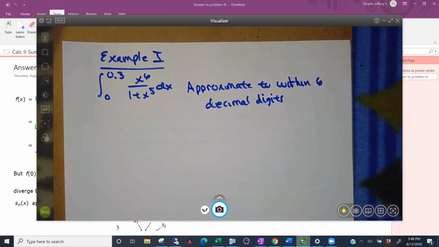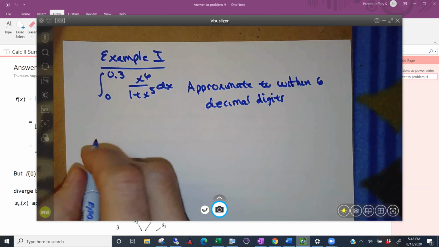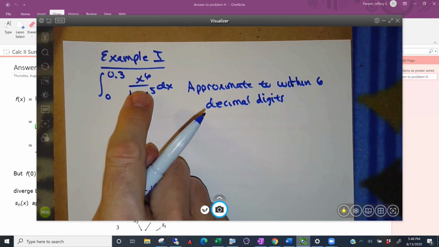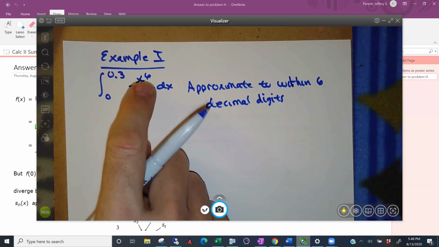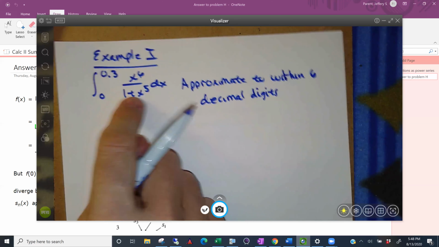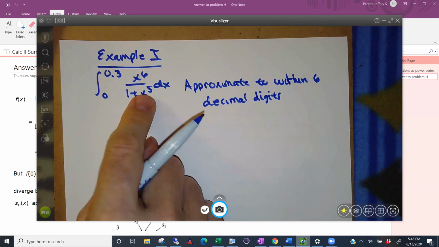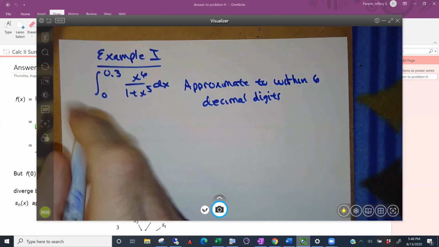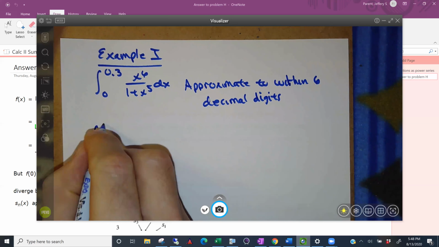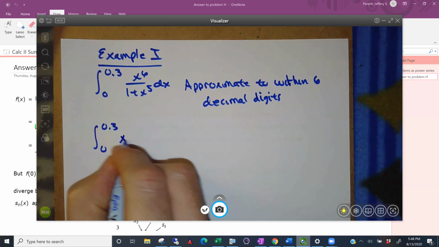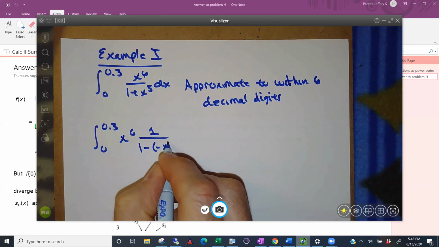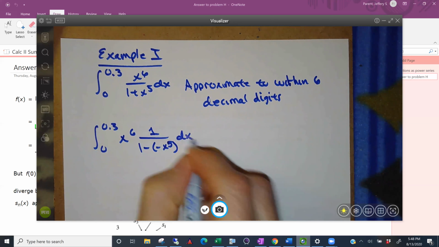And let's see how we'll do that. Well, by now I hope you're getting used to the trick. That is, we're going to play around with this and replace this expression with a series. And then we'll be able to integrate the series, and then we'll have to go from there. But for starters, 0 to 0.3, I'll write that as x to the 6, 1 over 1 minus negative x to the 5th dx.